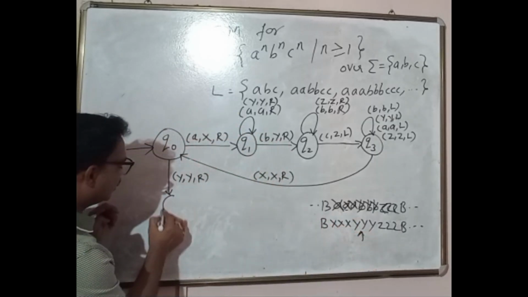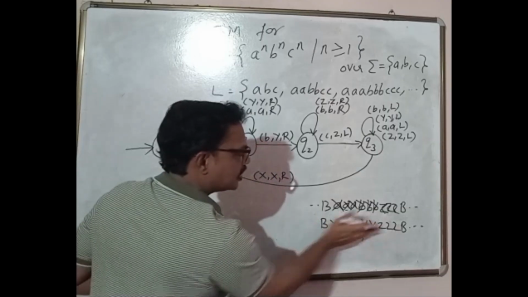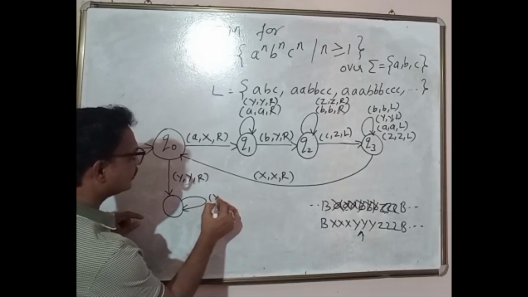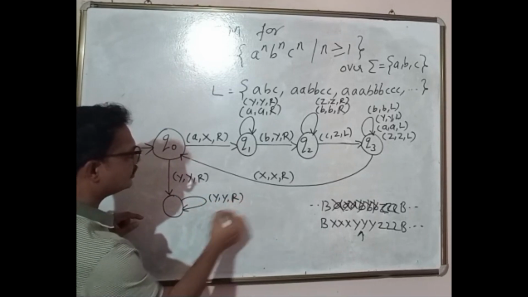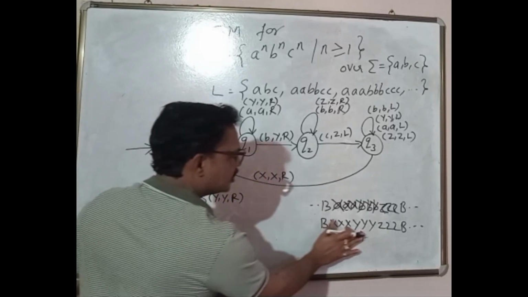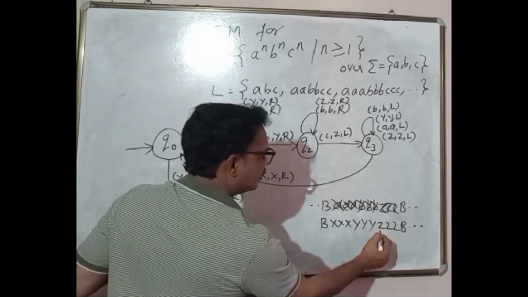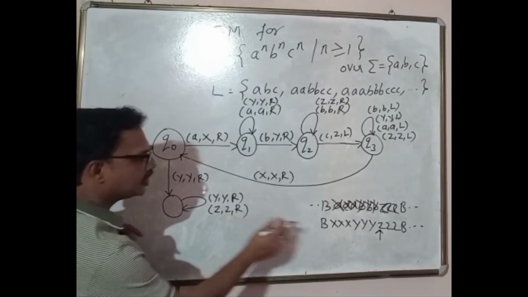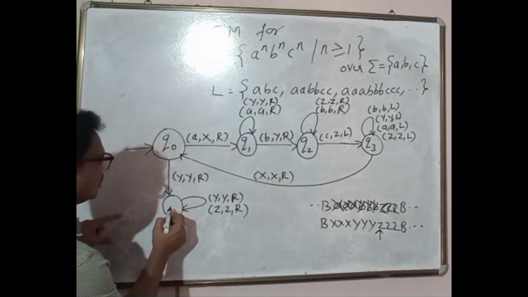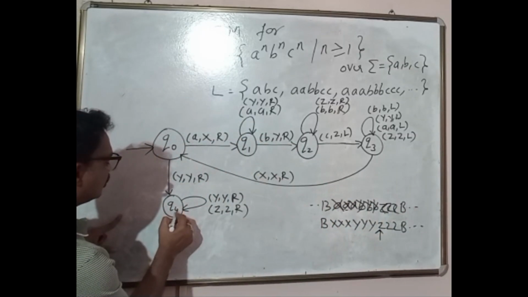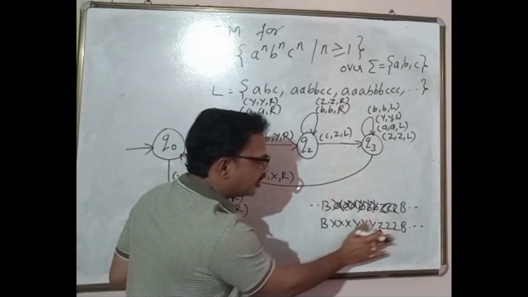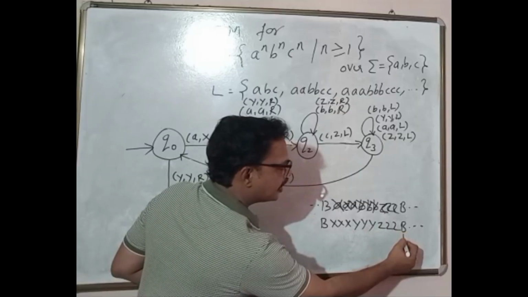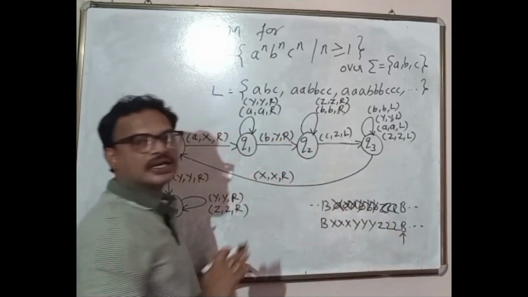On its journey towards the right, it may come across several Y's, so it continues. When it comes across Z, no issues, let it continue. So this is Q4. Upon reading Z it continues, and at one fine moment it encounters a blank.